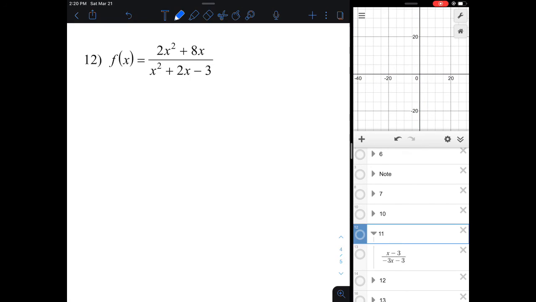All right, now I want to look at number 12. So number 12, determine the end behavior, or determine if there's a horizontal asymptote, because that's what we're trying to figure out. You go find the biggest exponent of x. Well, the biggest exponent of x is x squared. Both the numerator and the denominator have it.